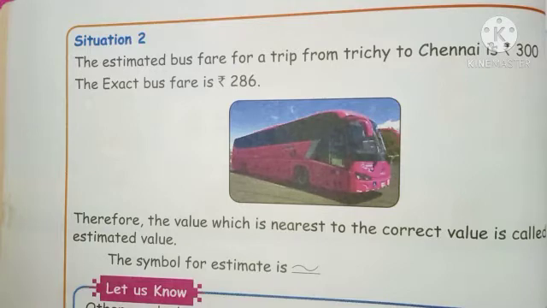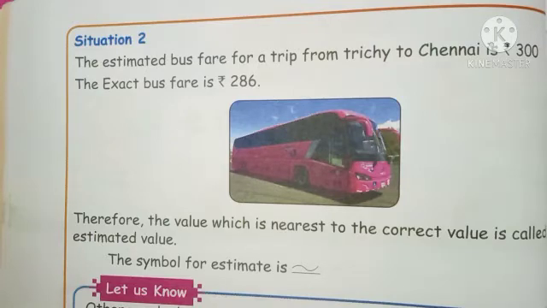So you use the nearest value. For 286, the nearest next ten or next hundred is used to pay the amount. You give 300 rupees, you get the ticket for the 286 rupee fare, and you collect the balance.